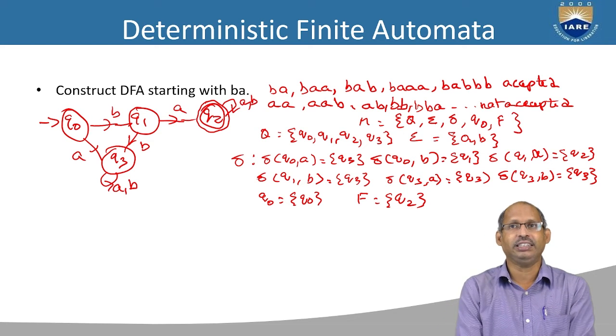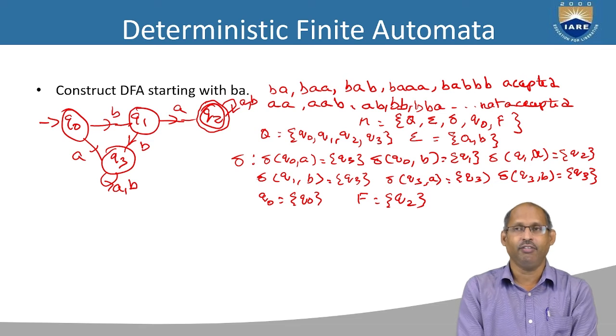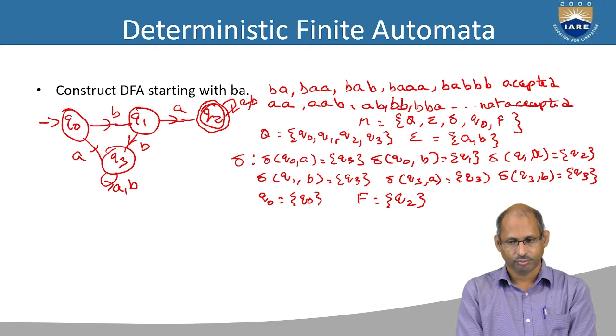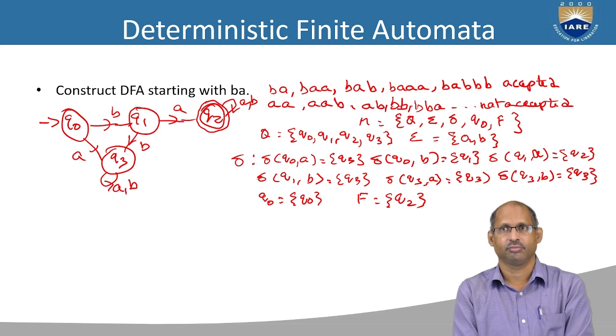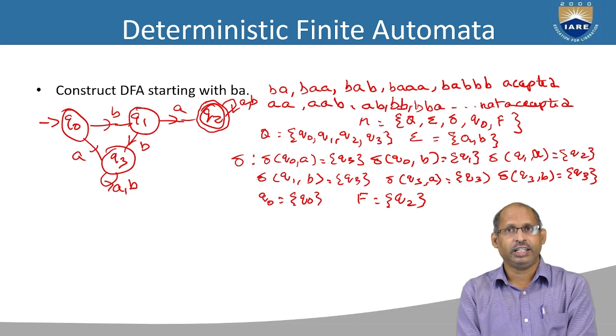Now we have represented the given problem in this 5-tuple notation: set of states, input alphabet, transition function, initial state, and set of final states. Is it clear?